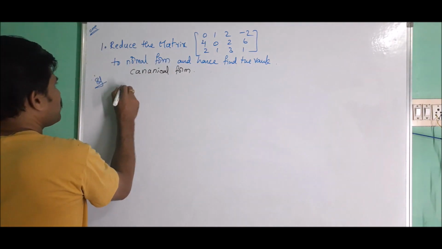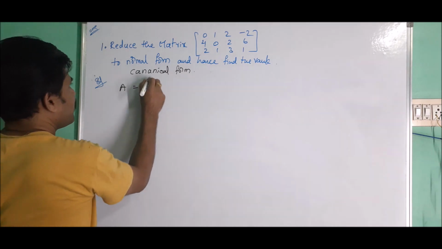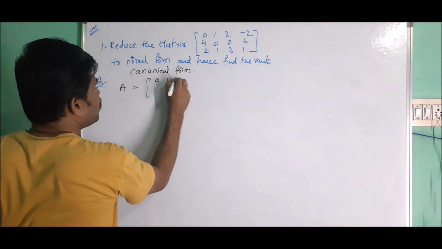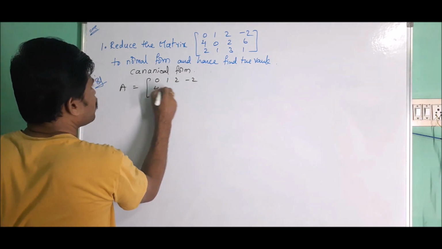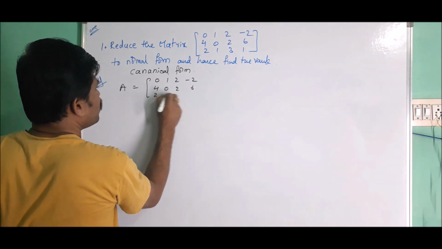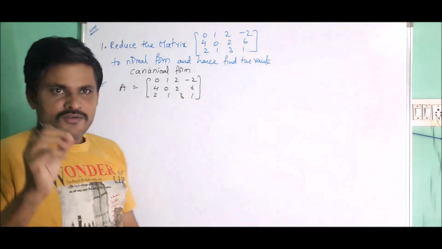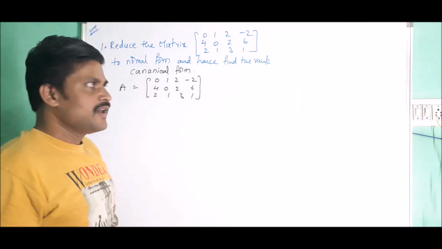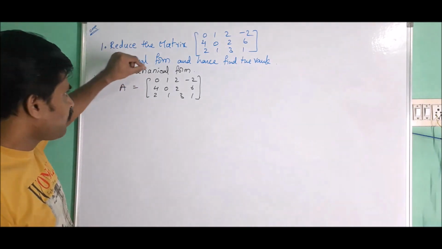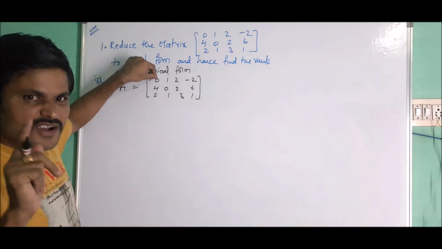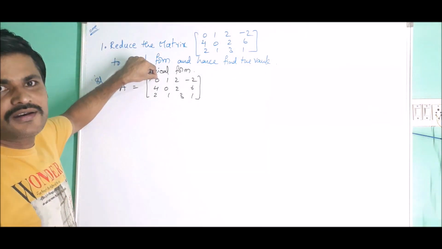First of all, let the given matrix be A, which is [0 1 2 -2; 4 0 2 6; 2 1 3 1]. First of all, we observe that in this matrix the first row, first element should compulsorily be 1.